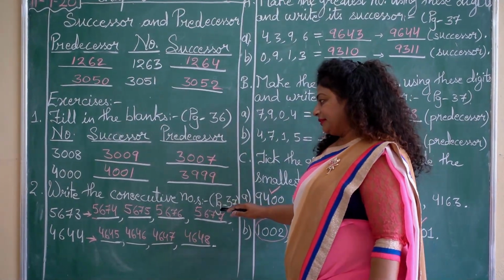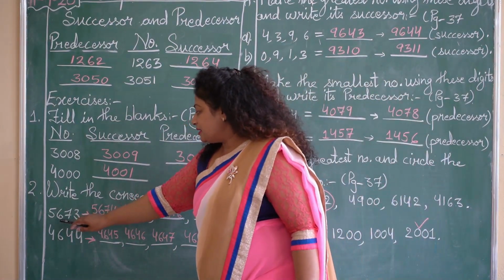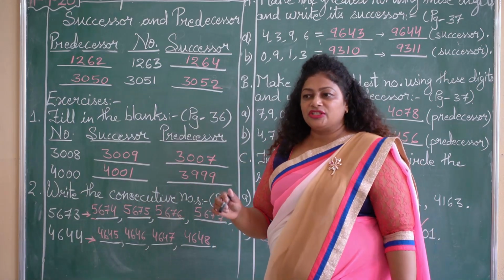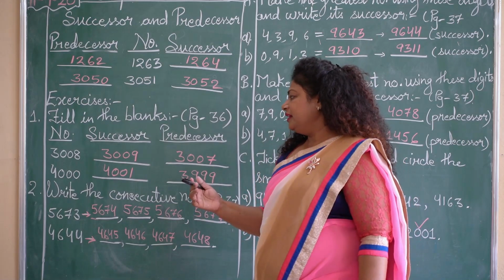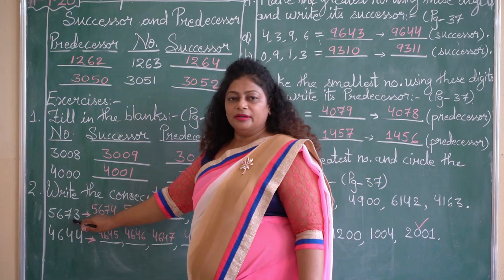number 37. First number given to you is 5673. What is the meaning of consecutive numbers? Actually, consecutive number means we have to find the next number following the given number. Let us see.